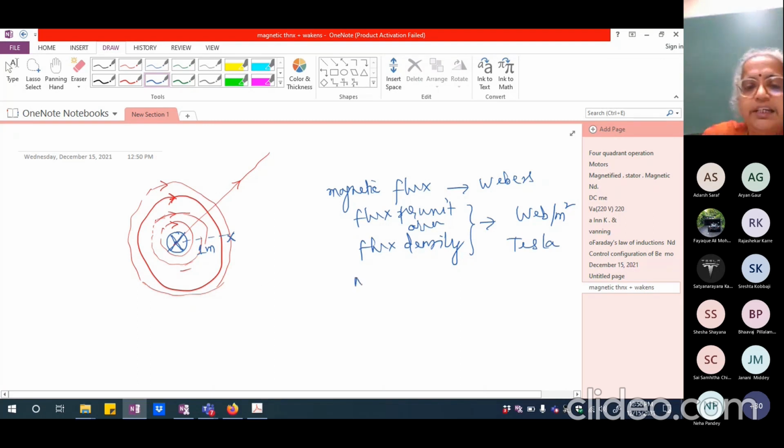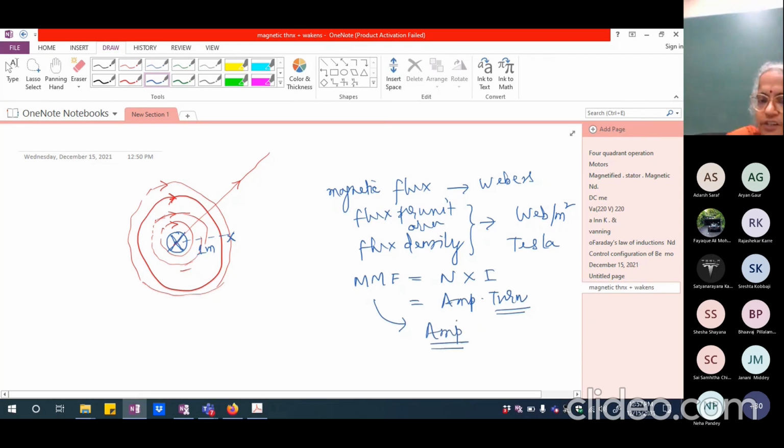And similarly, we say MMF, which is the number of turns multiplied by the ampere or the current. So I should say ampere turn as the unit for MMF. But the turn is a dimensionless quantity, so generally ampere is the unit that is used for MMF, the same as current.